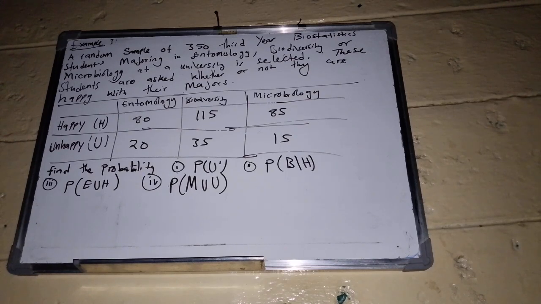So what is the question saying? We are being told that a random sample of 350 third year biostatistics students majoring in entomology, biodiversity, or microbiology at a university is selected.